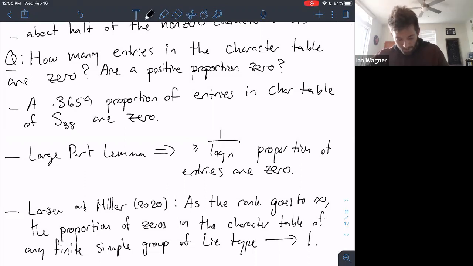I have a question related to the last bullet point you said. I was going to ask if there are any similar results to what you've proved for any other families of groups. I'm not sure exactly how to phrase this because S_n is so nice because all of the entries are integers.